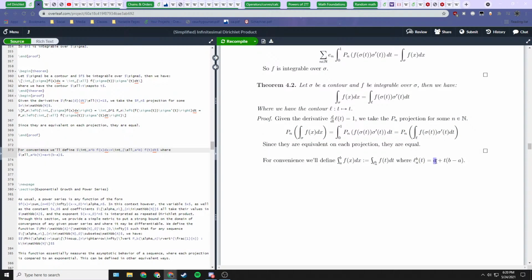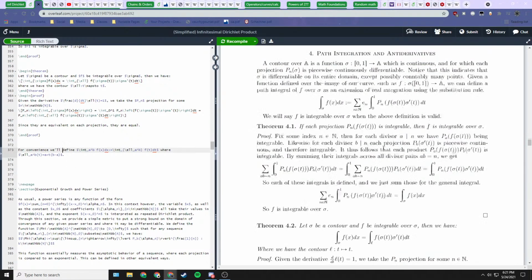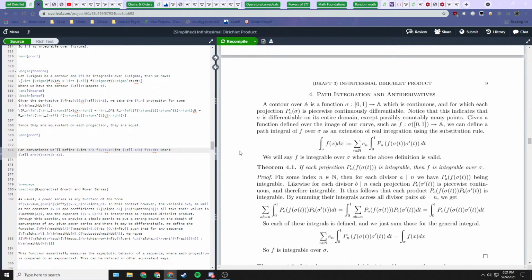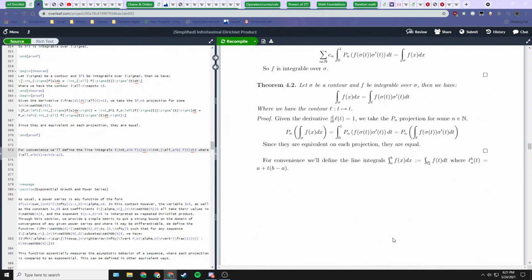It's standard: it goes from a to b in a straight line, with t going from 0 to 1. Whenever we write this integral from a to b of f, what we actually mean is this integral on this particular line. Yeah, so that'll be like that.